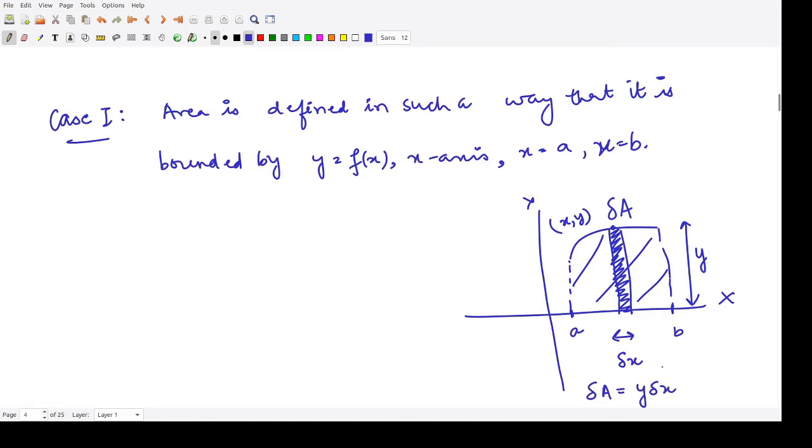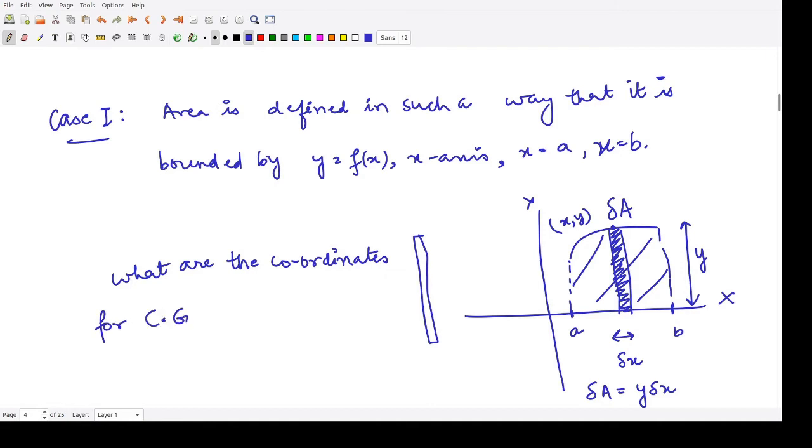This is one thing. Moreover, for this particular thin strip, what are the coordinates for center of gravity?